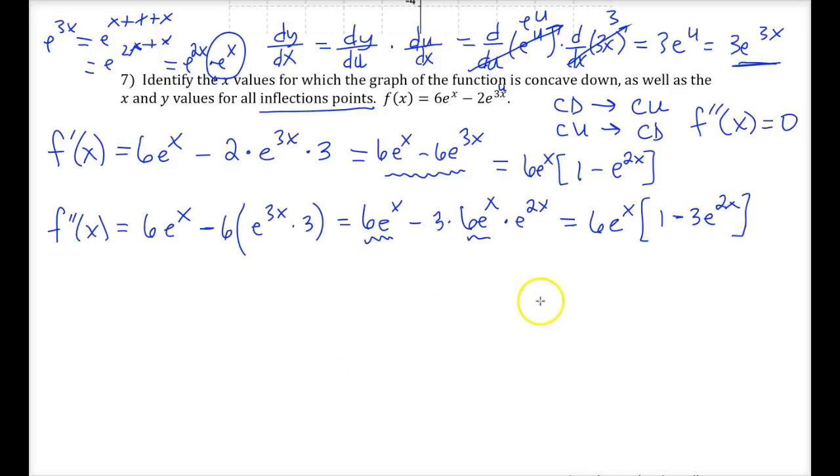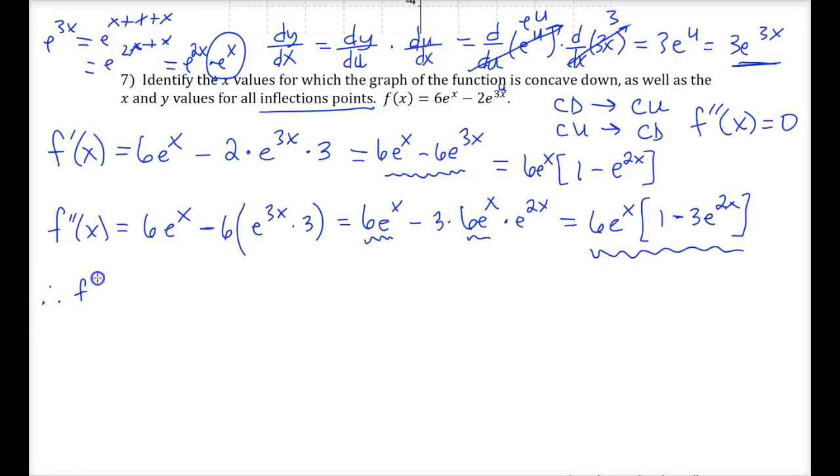And so this is what I need, because I need to take that and set it equal to 0 so that I can find those values of x that satisfy that equation.